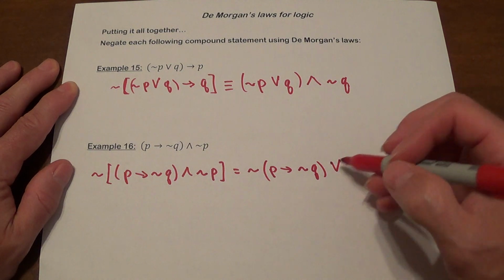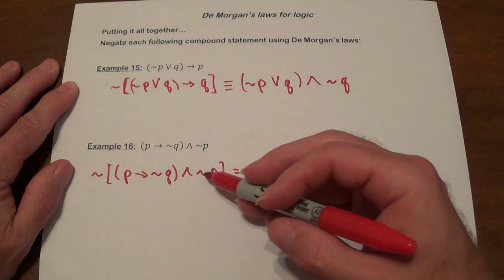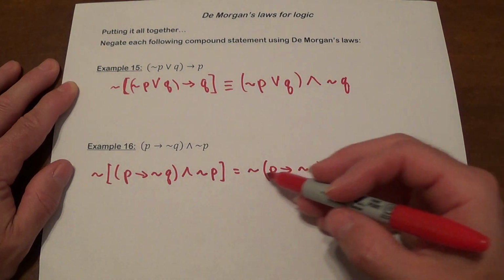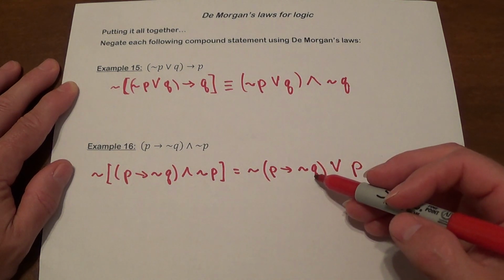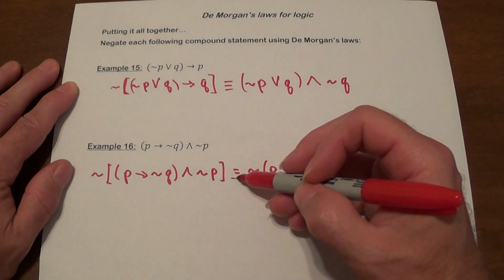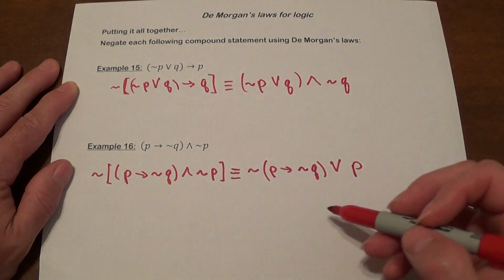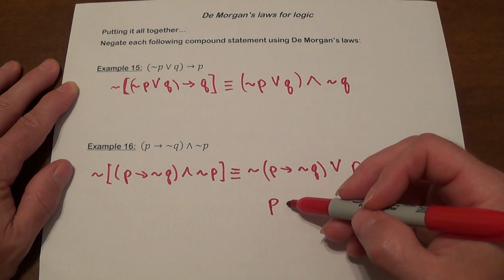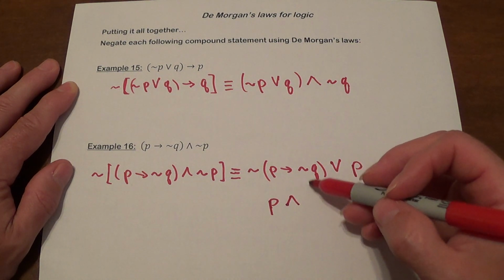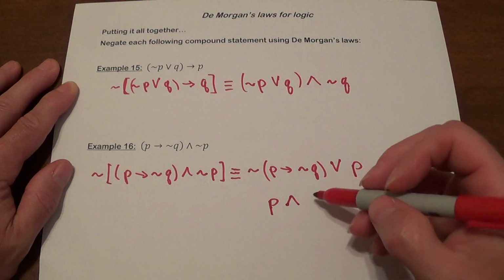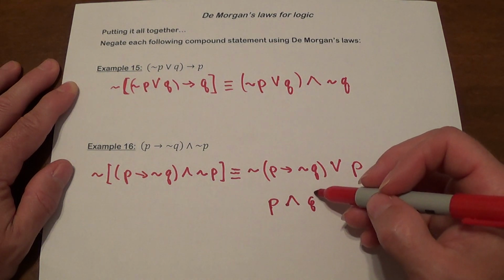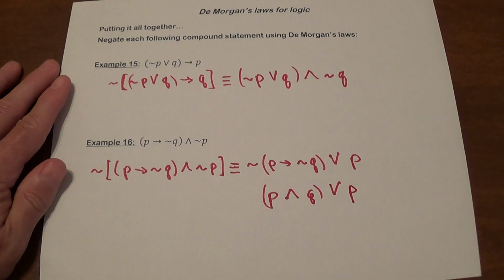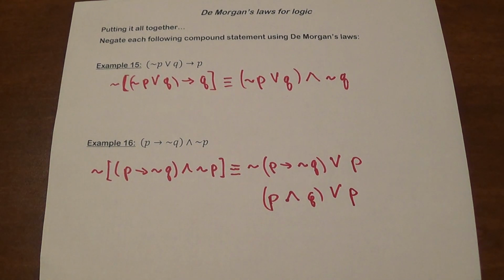You're going to change it to or, and now you're going to negate not P, which is going to become P. And now you also apply this negation here. So I shouldn't put equal, it should be equivalent. So it's going to be P and opposite, the negation of not Q, which is Q, or P. And that's it. I hope this helps.